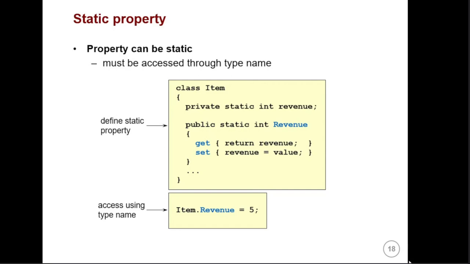Okay? So for your property to be static, it must be accessed only through the type name. Okay? So here is an example of, again, a property that was declared static. And ang atong storage also should be static. Okay?